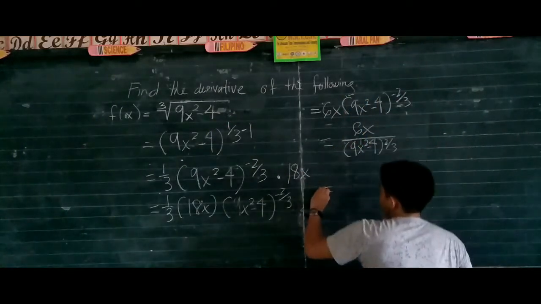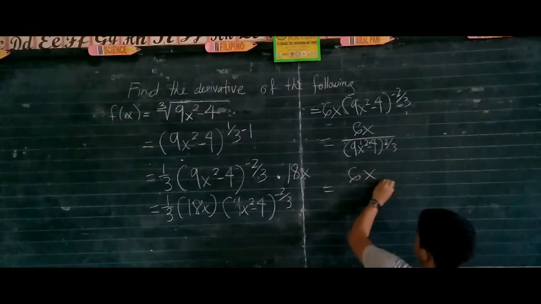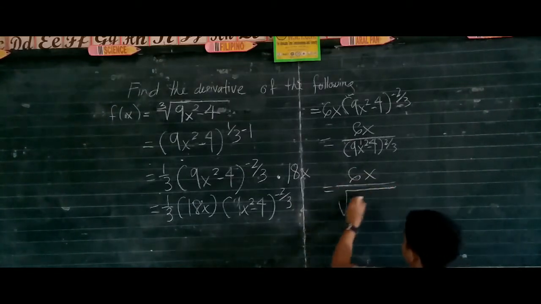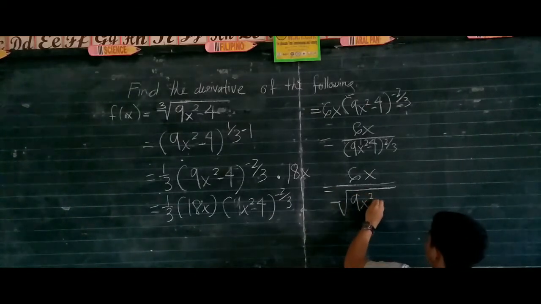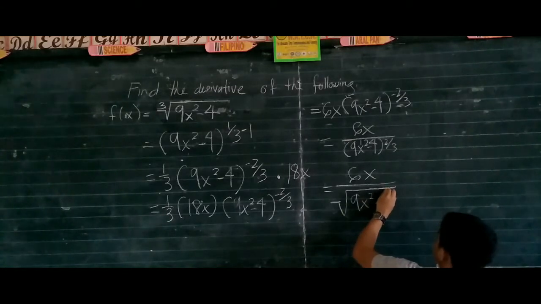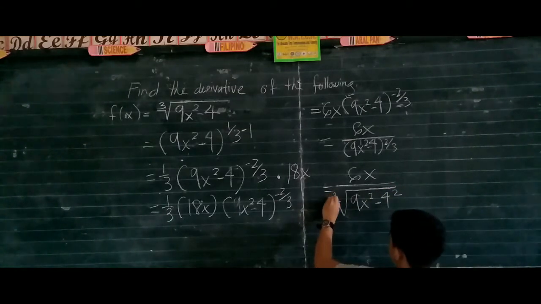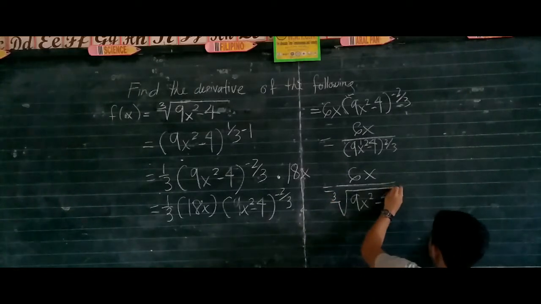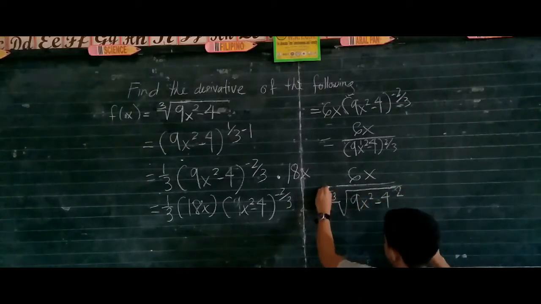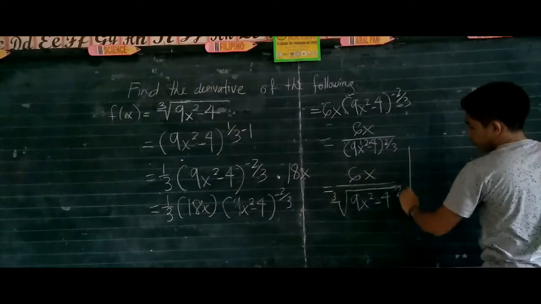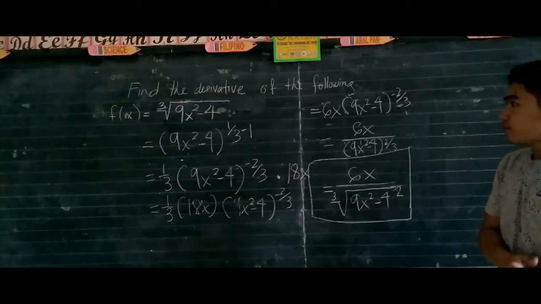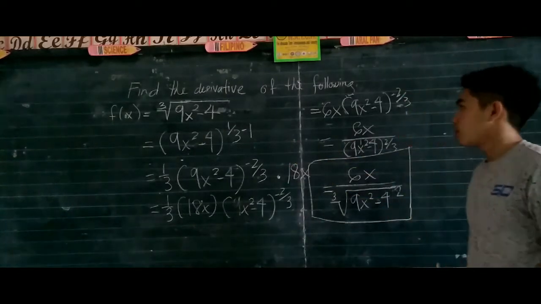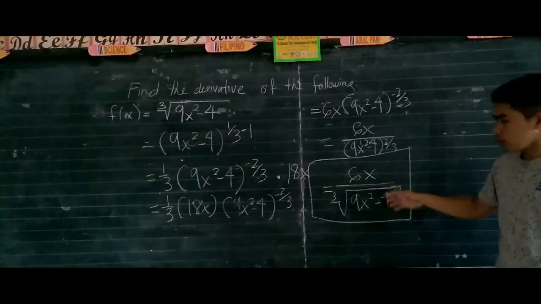So it will become, then you got, so here is the final answer. So the derivative of 9x squared minus 4 1/3 is equals to 9x squared.